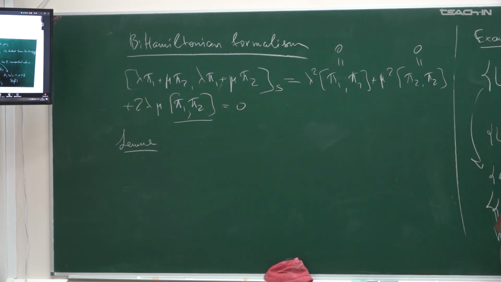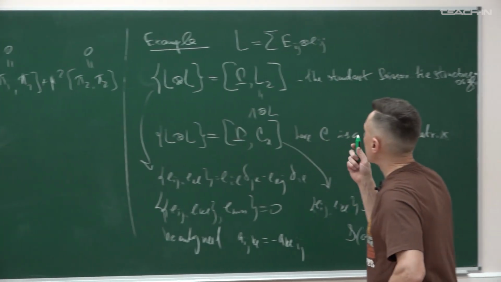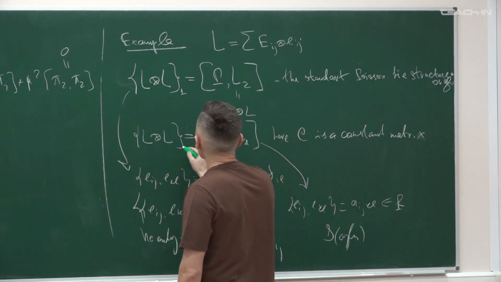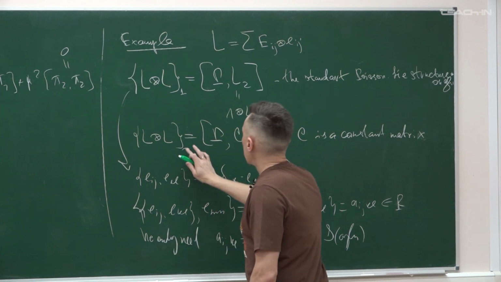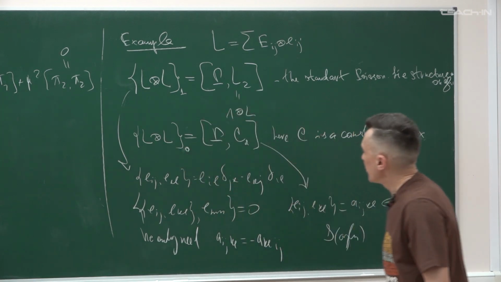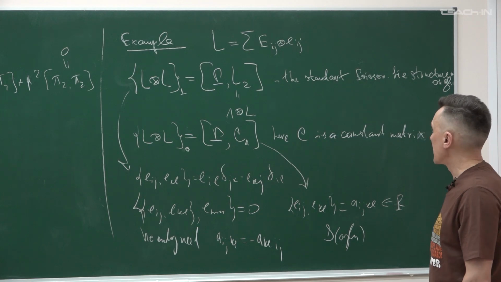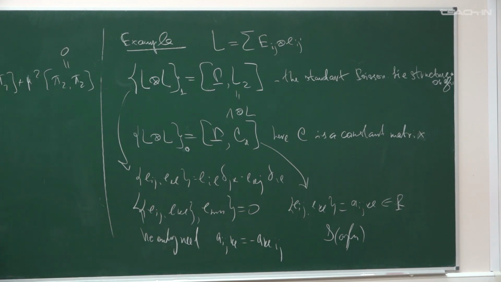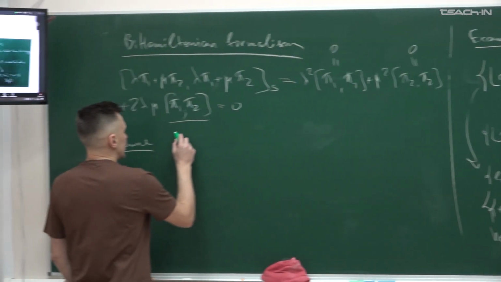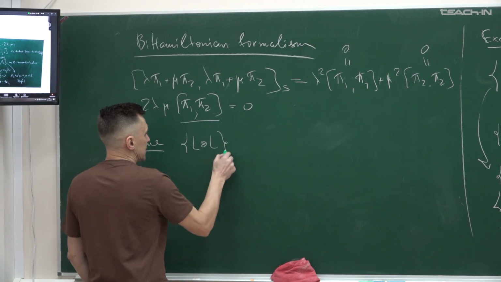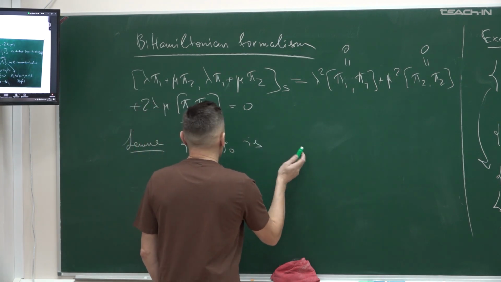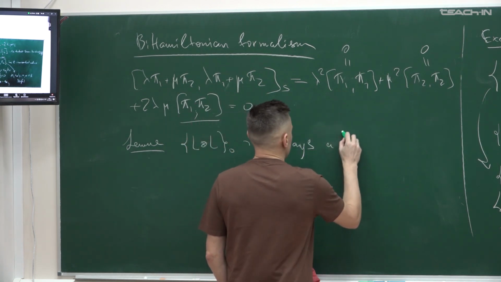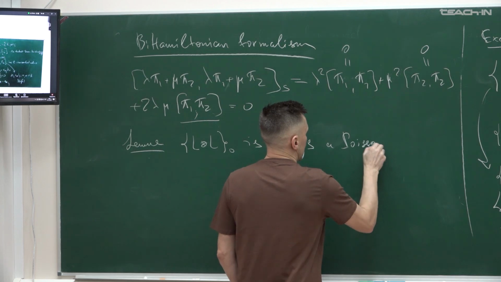And let us distinguish between these Poisson brackets. This will be the first, and this will be the zero Poisson bracket because it is homogeneous of degree 0. So my statement is that L0 is always a Poisson structure.